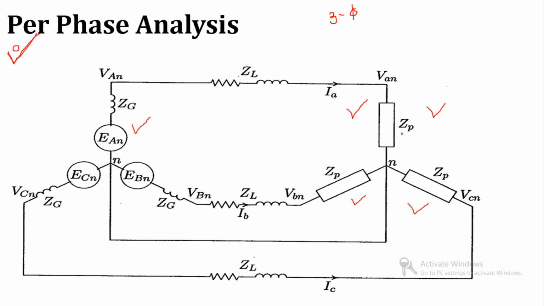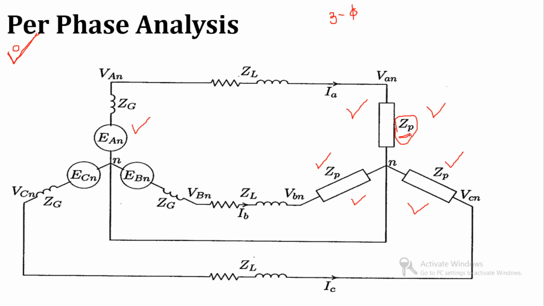We can analyze any one phase, and based on that we can say that the remaining two phases are the same as the one we have analyzed first.